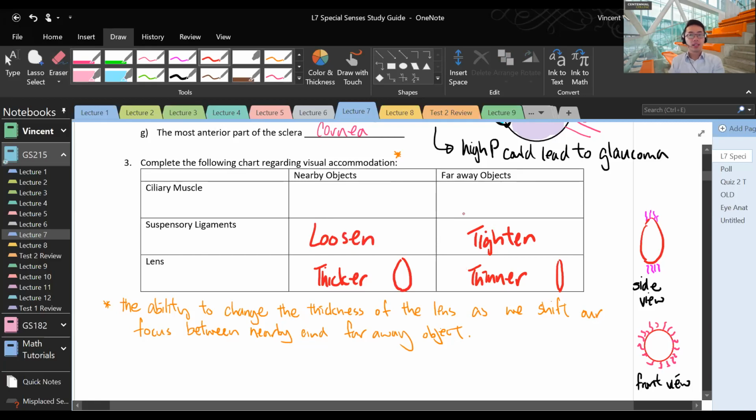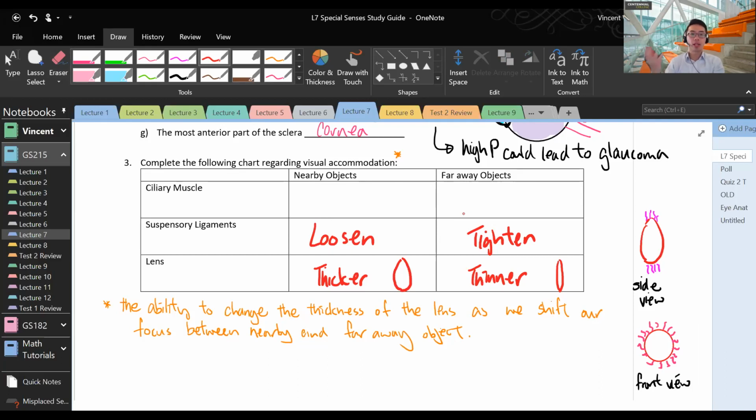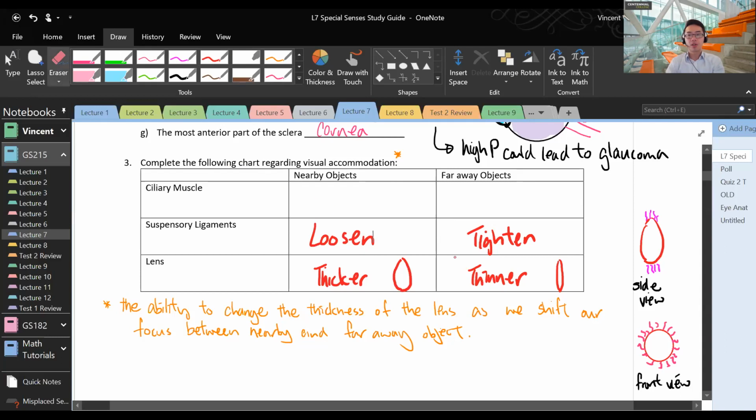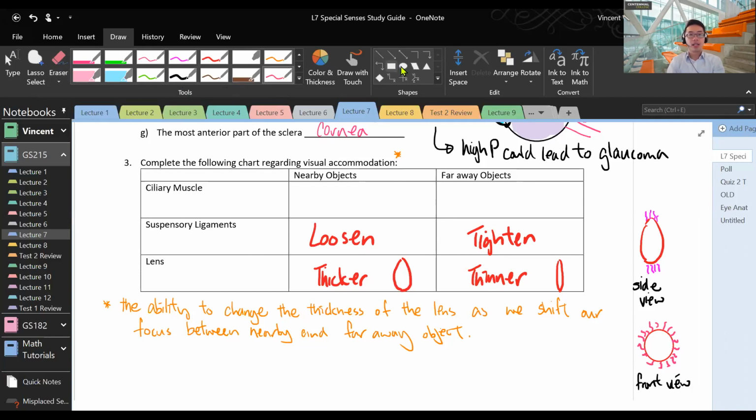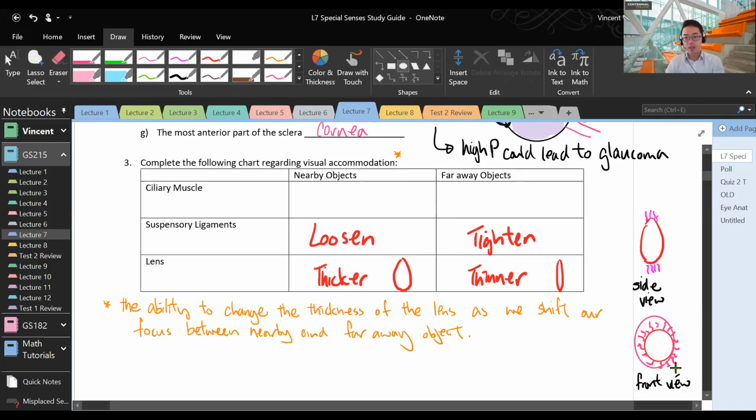Okay. Now the ligaments themselves cannot change the tension. The ligaments are just like string. Something has to be pulling on the string. And if you're paying attention, earlier I mentioned there's something called a ciliary body, right? Okay, or ciliary muscle. For us, we don't make the distinction. Okay, so this muscle is a ring of circular muscle that goes around the suspensory ligament.